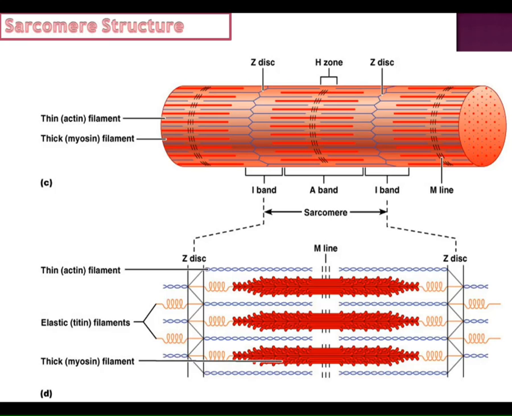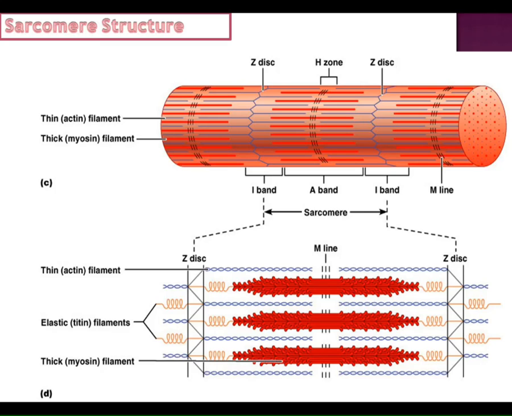So the M line is that myomesin structural protein. The contractile proteins are the actin and myosin themselves, and the regulatory proteins are going to be the ones that regulate whether we get a contraction or not. And that's what's coming up, the troponin and tropomyosin.